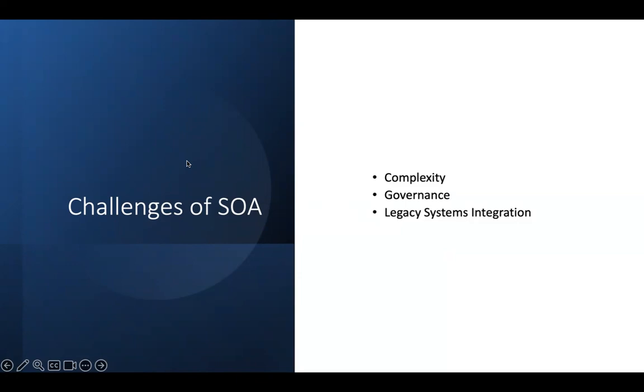And the same for governance, because ensuring consistency and compliance across these multiple services requires really good governance. And we also have legacy systems integration, which means that integrating a service-oriented architecture into an existing system can be challenging as well.